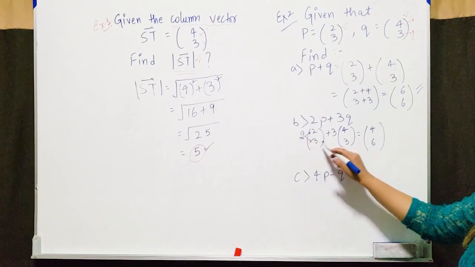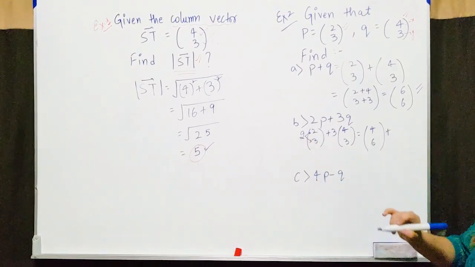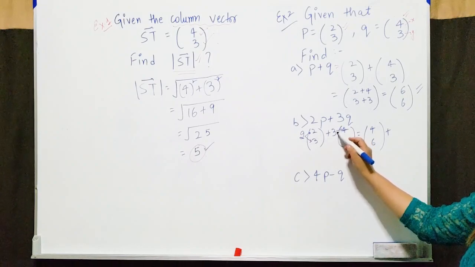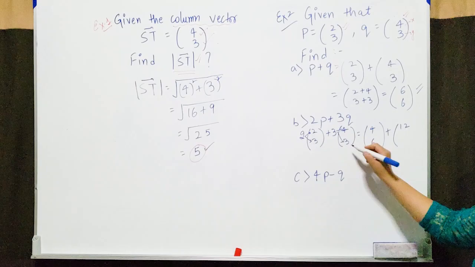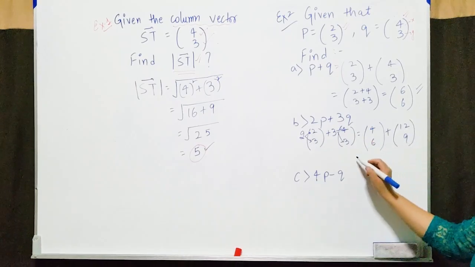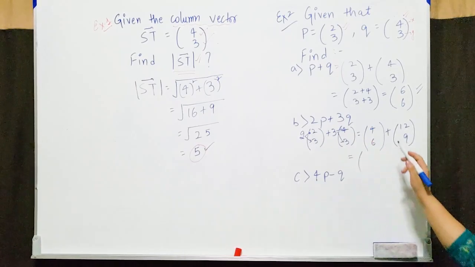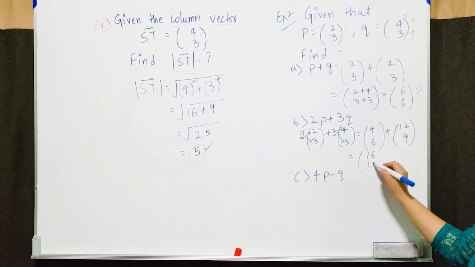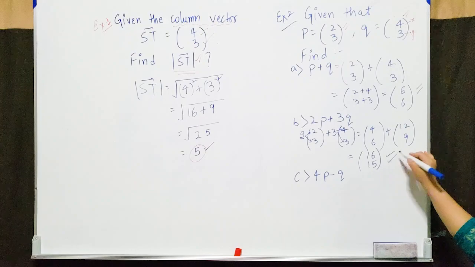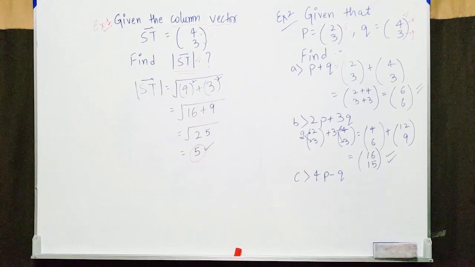So I will get (4, 6) plus 3 times 4 and 3 times 3. 3 times 4 is 12, 3 times 3 is 9. This is equal to 4 plus 12, 16. 6 plus 9 is 15. So this is your second answer.